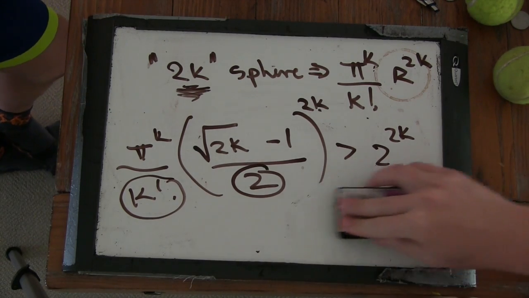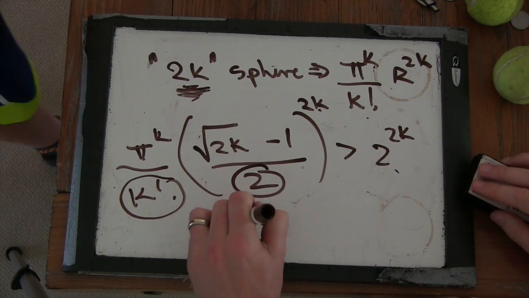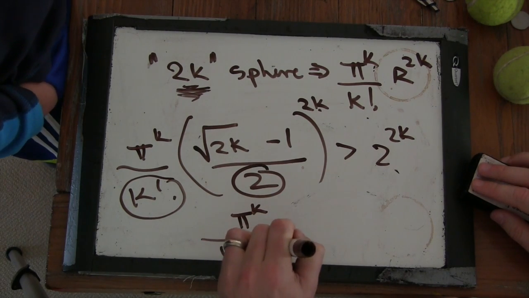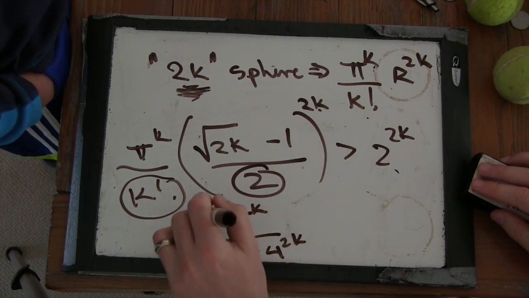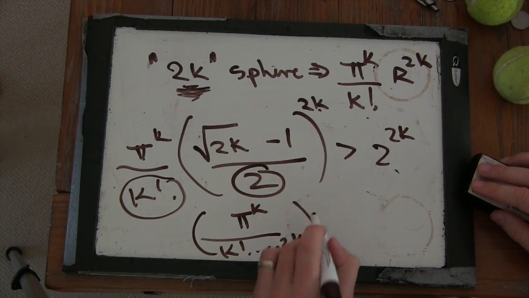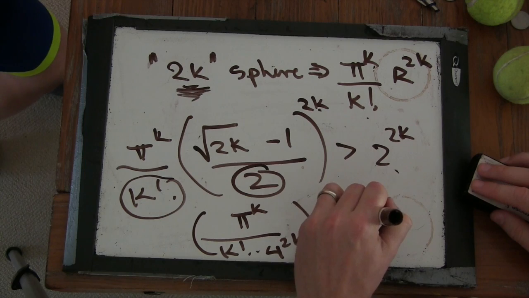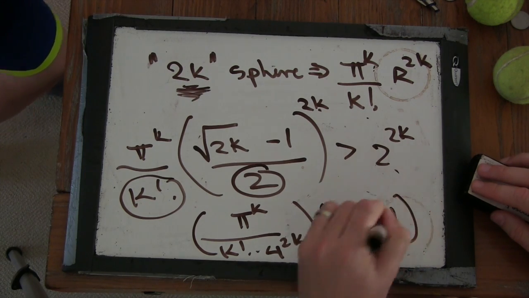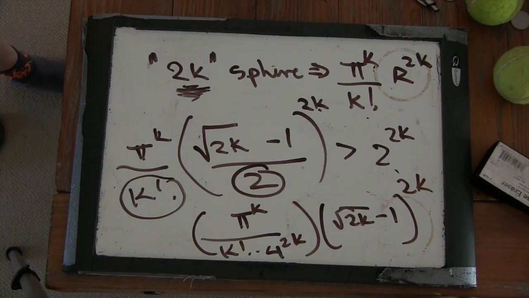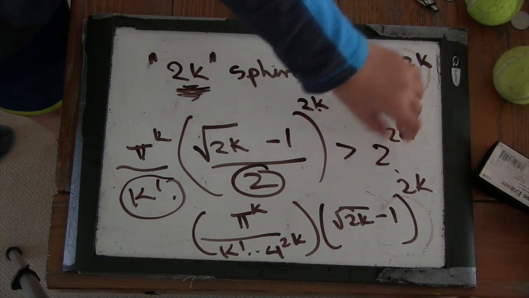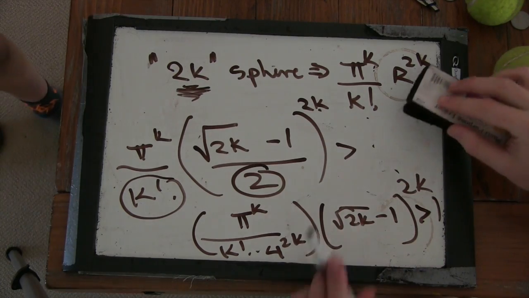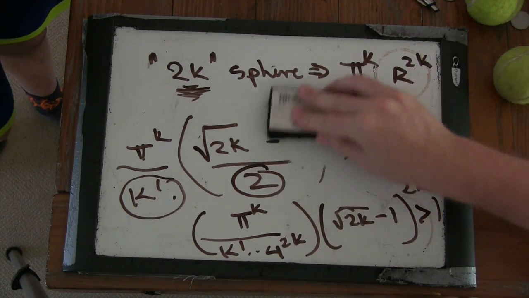So I'm left with an interesting expression: pi to the k over k factorial times 4 to the 2k times the square root of 2k minus 1 to the 2k. And this side has to be greater than 1 because I divided by that side. Very simple.